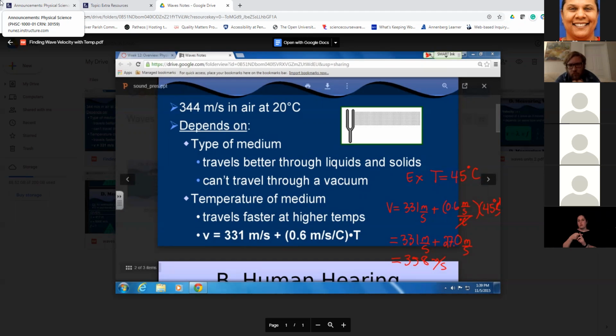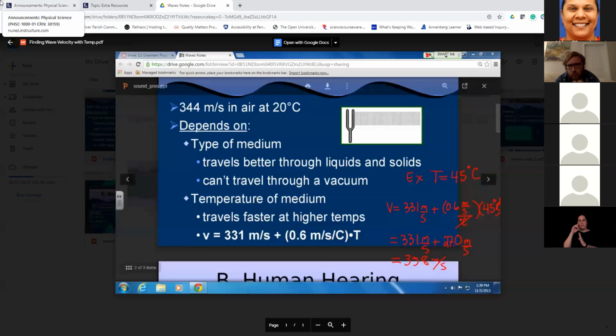So the way you use this formula is you substitute the temperature in Celsius for the variable T. Please do not mix this T up with period. This is not the period. This is the temperature in this formula. That's what the big capital T stands for, okay?